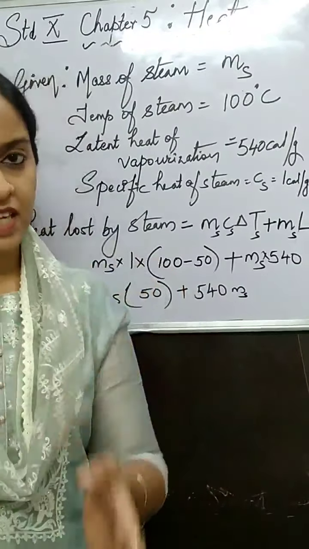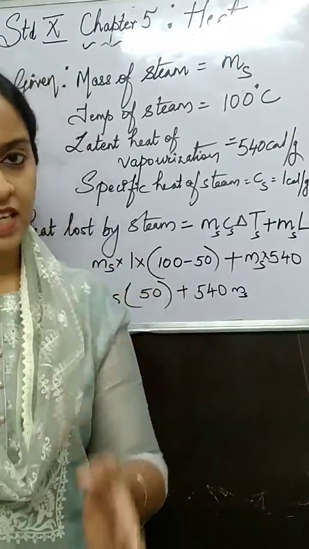This is all about the calorimeter and liquid. Now let us write about the ice. Mass of the ice: we drop a piece of ice of mass 10 gram. Specific heat of ice is obviously 1 kilocalorie per kilogram. Specific heat of water, steam, ice, everything is 1. Delta Ti: ice is at 0 degrees Celsius.